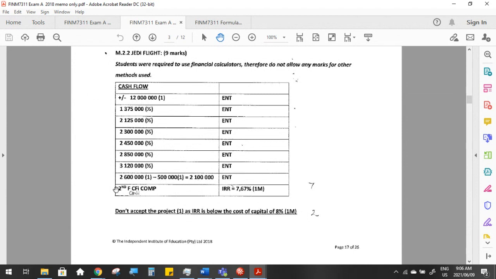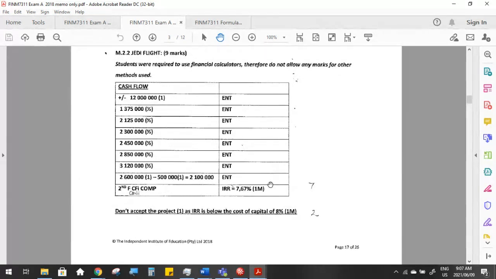So all of the cash flows, and then second function, CFI comp, and then you press the interest button, and it will then solve for the value of R, giving you 7.67 as the internal rate of return.